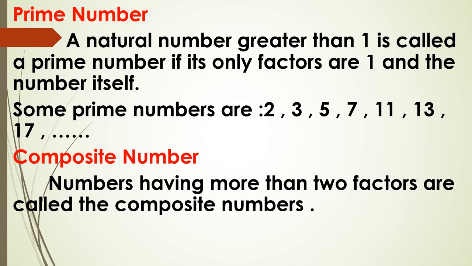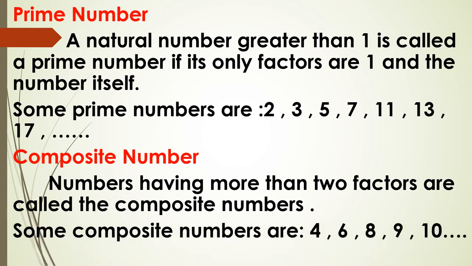Just like, see the example 4. How many factors does it have? 1 4s are 4 and 2 2s are 4. So 1, 2 and 4. It has 3 factors. More than 2 are there, so it is a composite number.